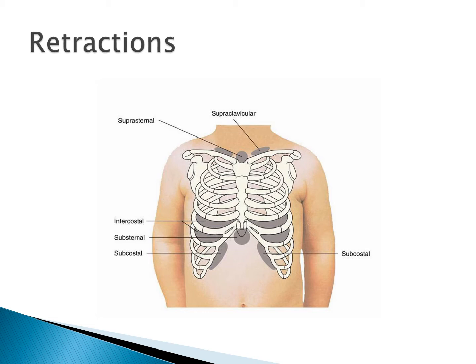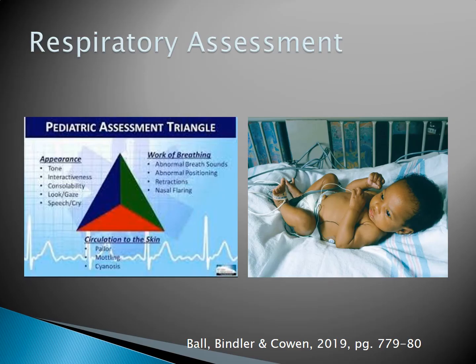Those generally show up when there's increased severity. Suprasternal is sometimes referred to as tracheal tug. If you're seeing that, you know that the infant or child is in more distress than with typical intercostal retractions.